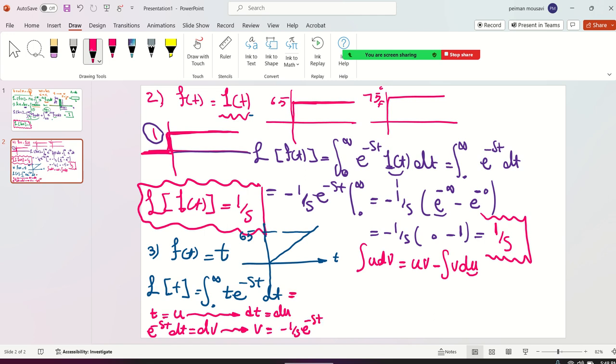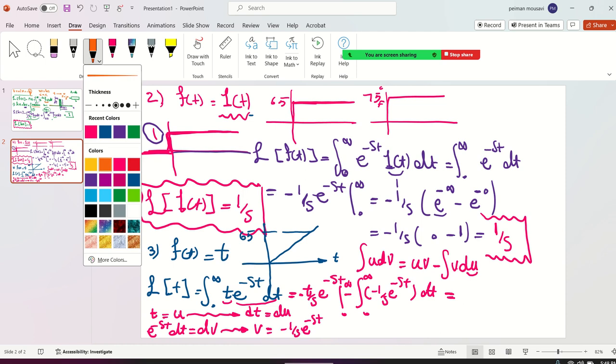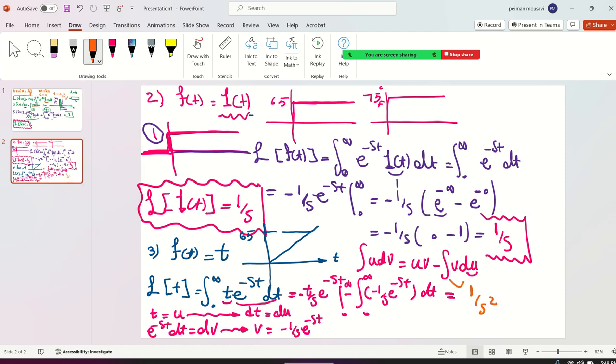So this is equal to uv, where u is t and v is this, minus the integral of v du, which is -1/s e^(-st) dt, from 0 to infinity. If you substitute the limits, the answer, I'm going to give it to you, is 1 over s squared. You just have to know this, not how we derive it.